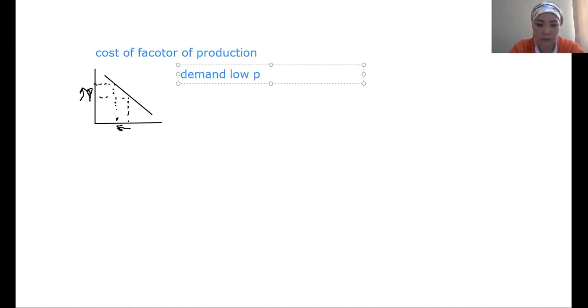The price is increasing, the quantity is decreasing, right? Okay, this is the law for demand. And we talked about the cost of the factors of production. So cost is the first determinant. The second determinant is the quantity. Exactly. Let me write here.